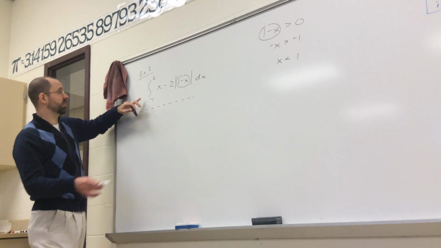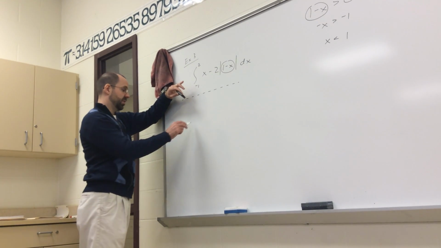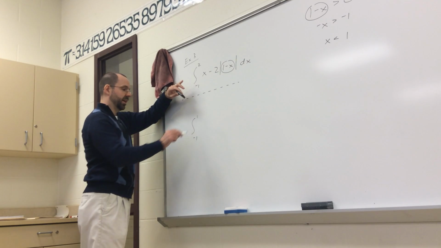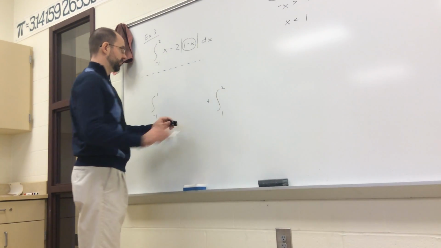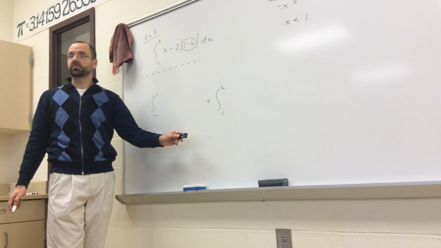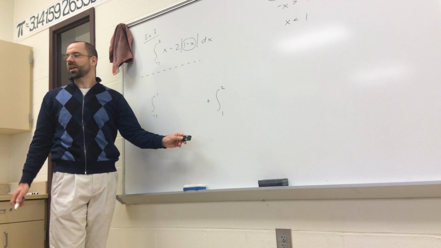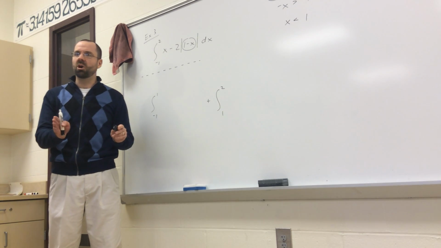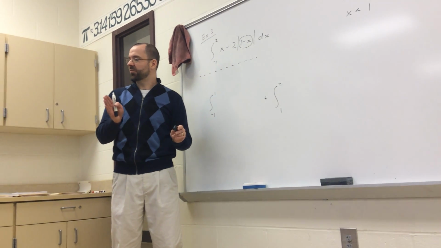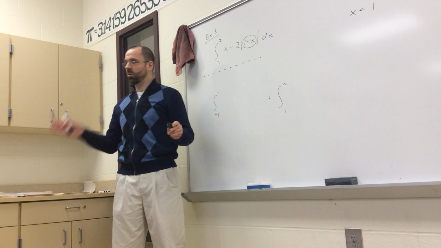Okay, so what I'm going to do is I'm going to split this area up into 2 separate areas. I'm going to do the area from -1 to 1 separate from the area from 1 to 2. That's going to work out just fine, right? Because if I do the area from -1 to 1 and then the area from 1 to 2, that'll give me the entire area from -1 to 2.